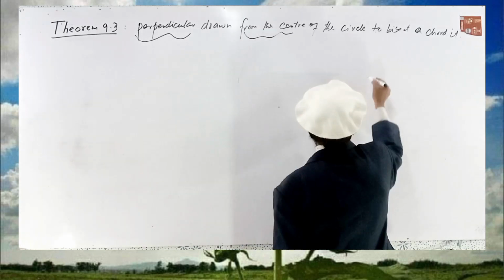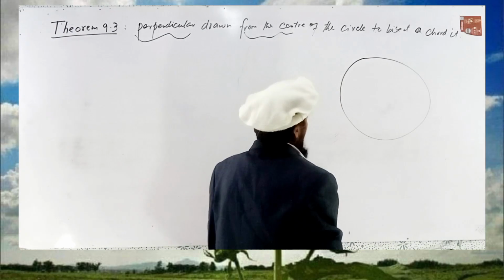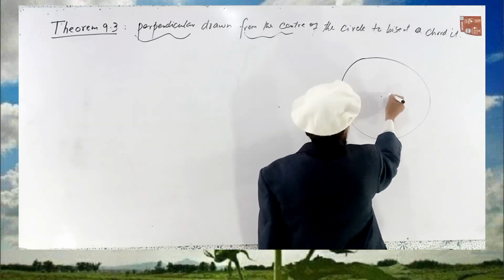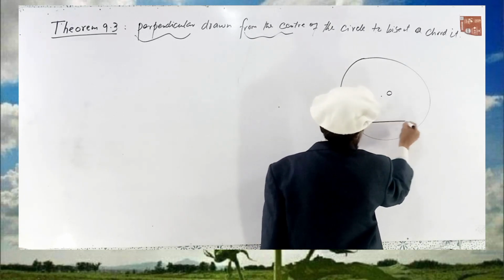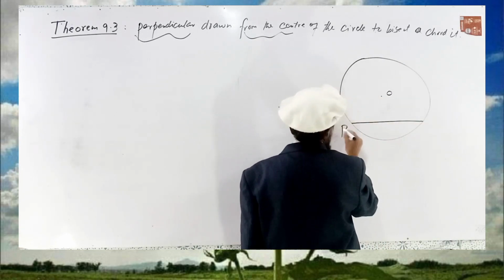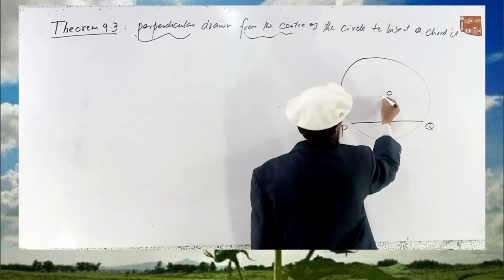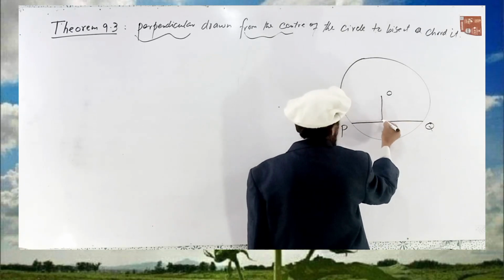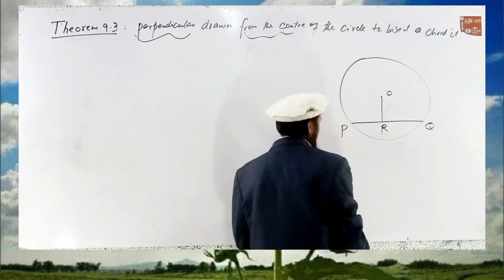Now, first of all, we draw the circle with center O. One of the chords is PQ. Perpendicular drawn is OR.